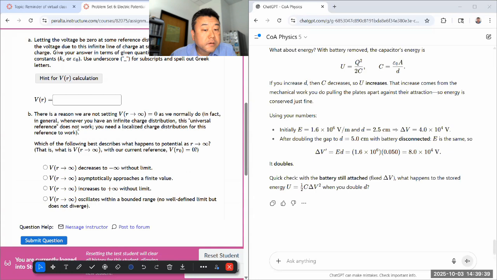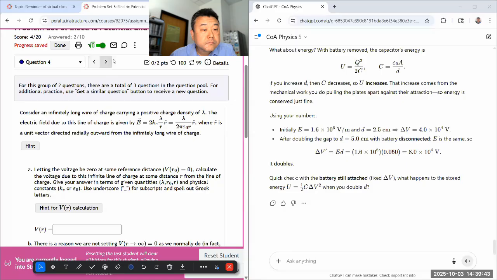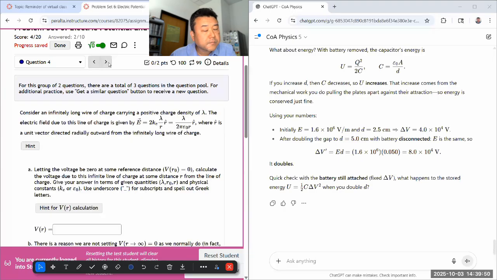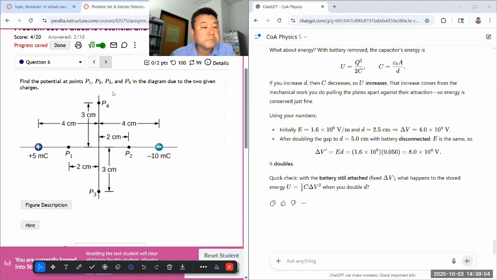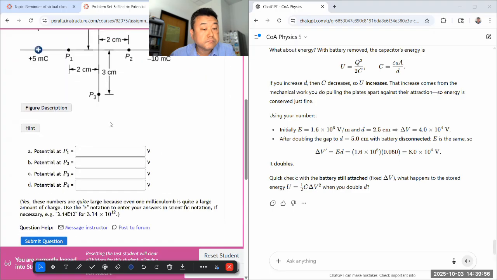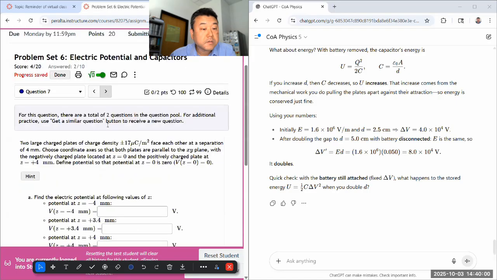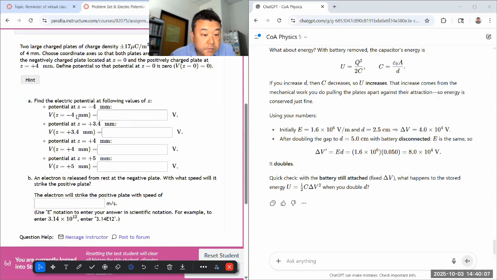Infinitely long wire. They are probably all using the linear geometry. For this question, there are charged plates.